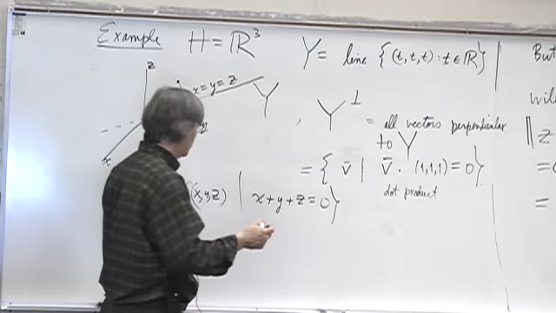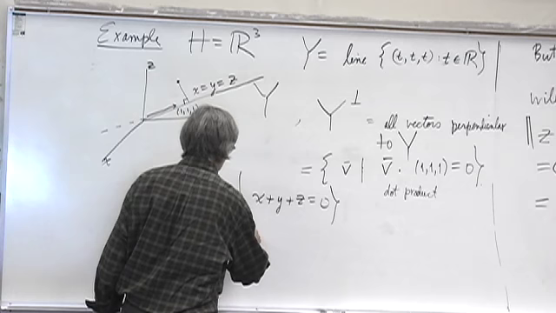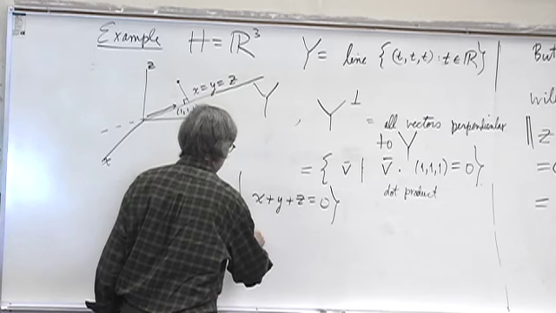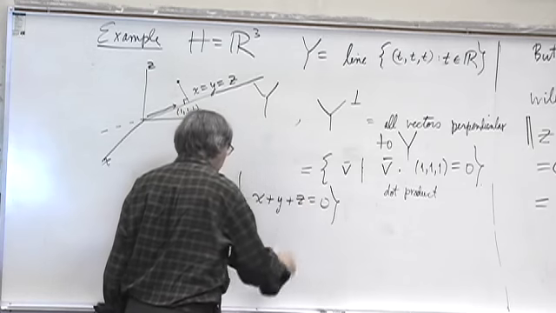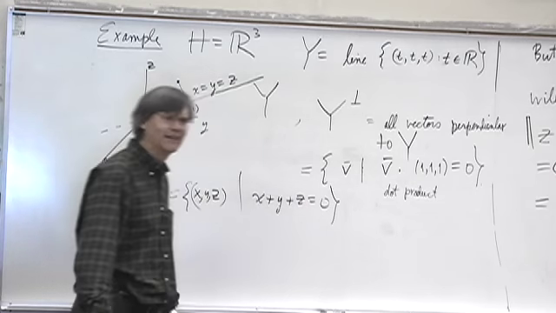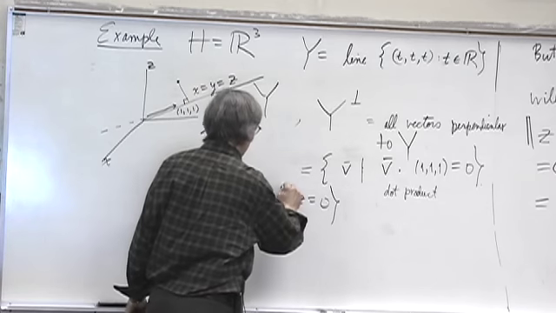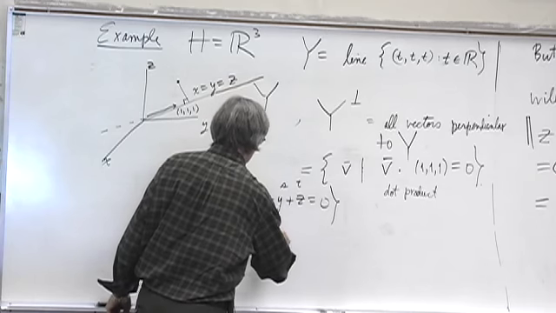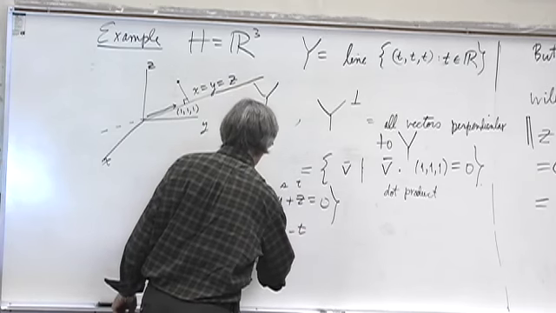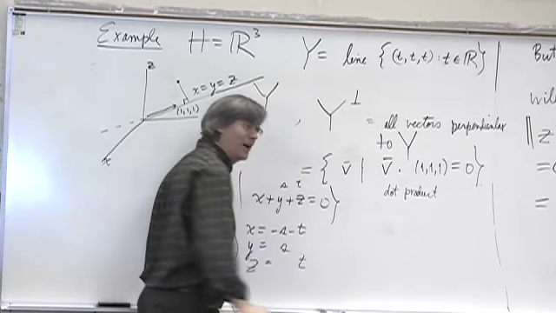Let's see, how did we do that? The way you normally do the null space computation, you take your free variables as the last ones. You can take them as the first ones too. But you call this an S, and you call this a T. Then you write x equals minus S minus T, y equals S, z equals T. This is going way back, right?